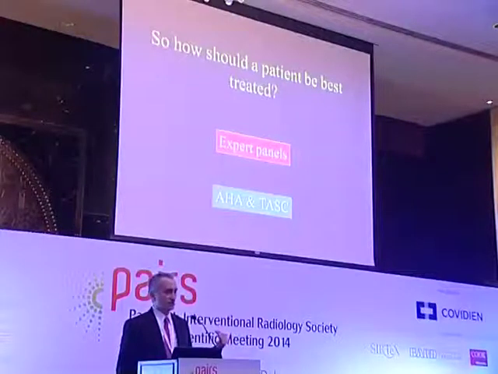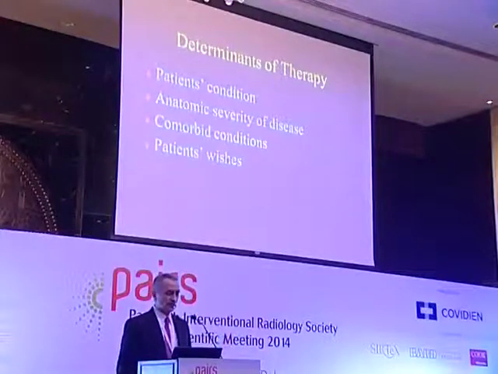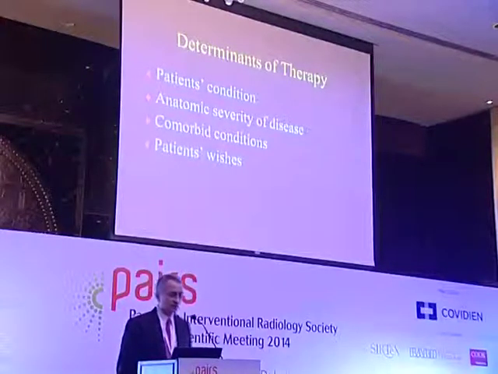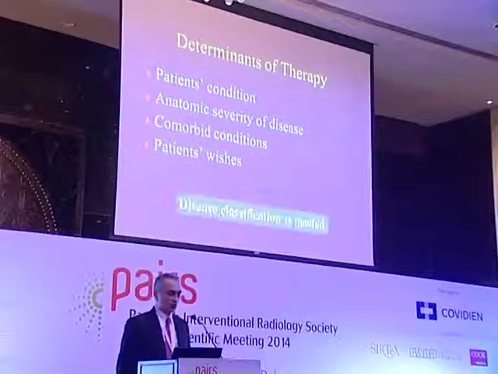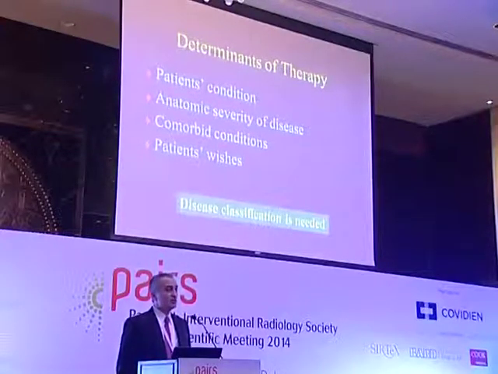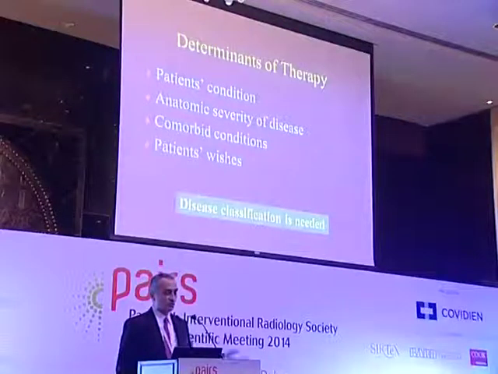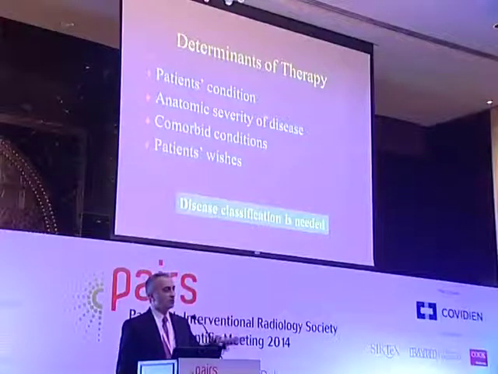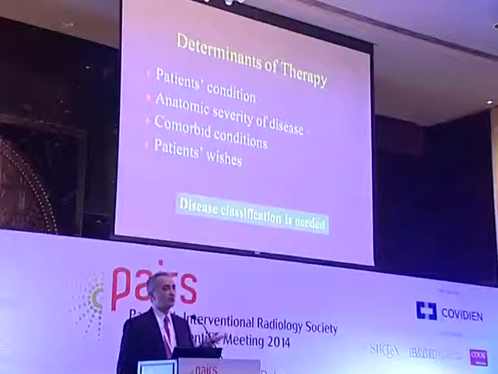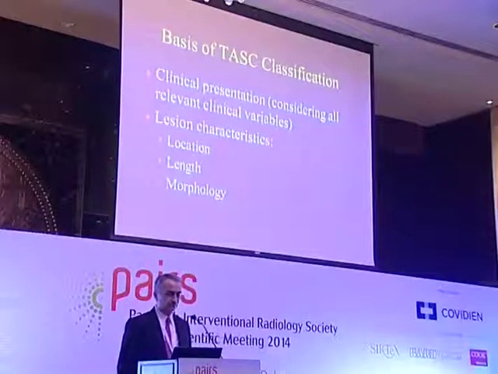TASC is truly international. Determinants of therapy are obviously the patient's condition, anatomic severity of disease, comorbid conditions, and patient's wishes. Hence, you need disease classification to go into the patient's condition and anatomic severity of disease to find out what is the best way to go in these patients. And this is the only way that we can compare data across various studies to each other.